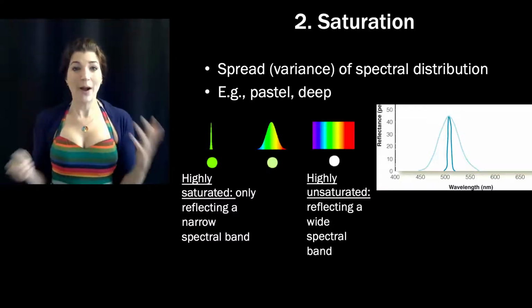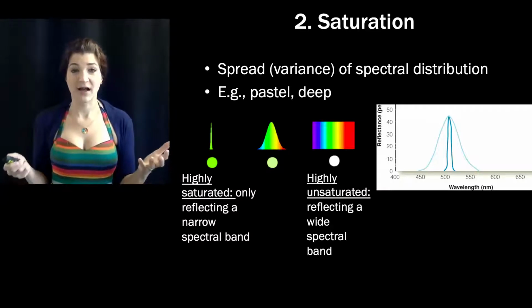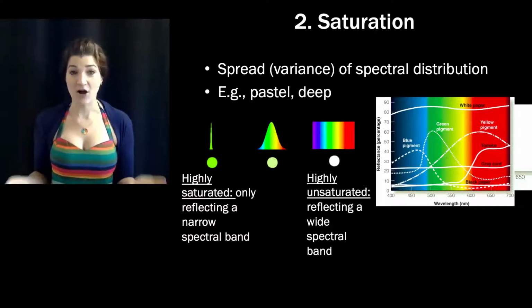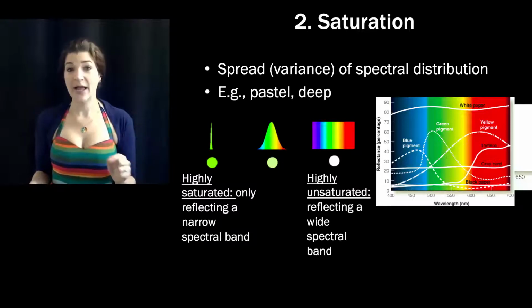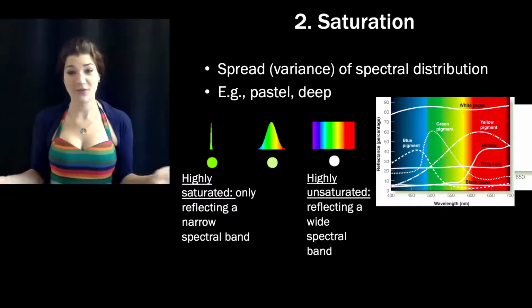So if you look at a white piece of paper, that's very highly unsaturated because it's reflecting all wavelengths at once. Gray and black paper are also highly unsaturated because they're also reflecting all of the wavelengths at once. So white, gray, and black are the most kind of fair of colors because they're treating all of the wavelengths equally.